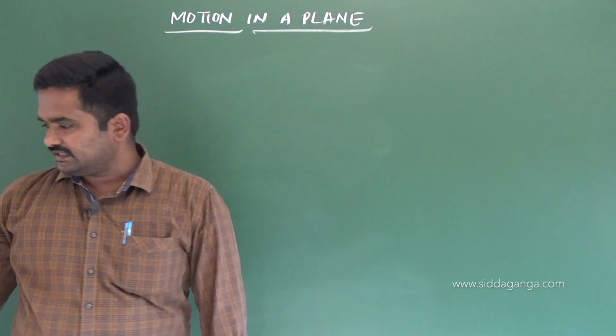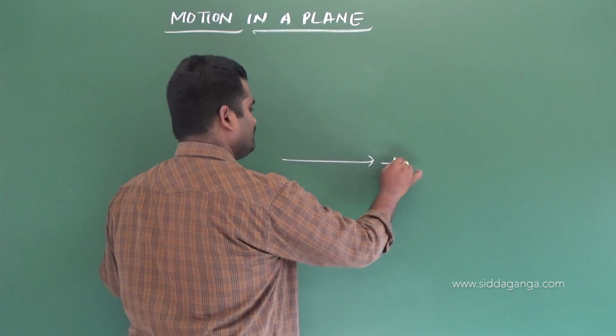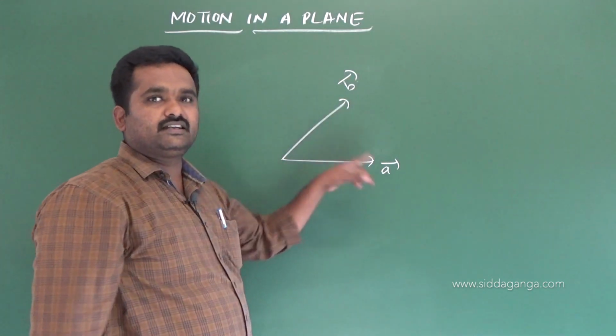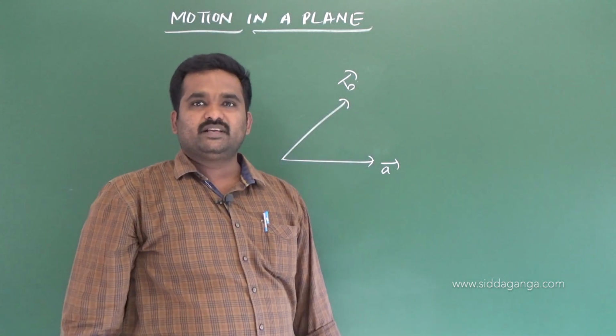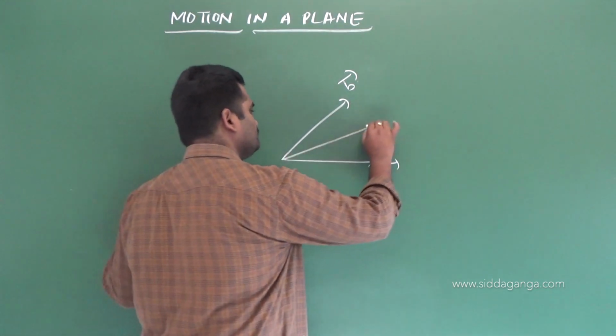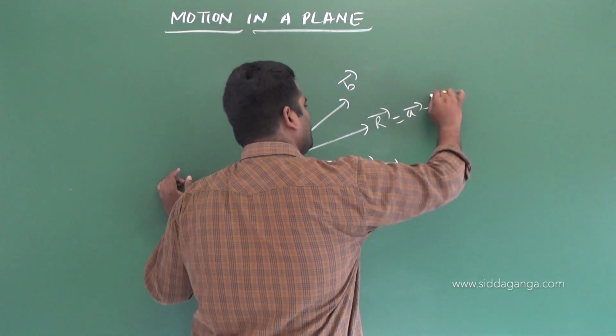One more thing: if I have two vectors, a bar and another vector b bar, what is the resultant of these two vectors? What is the meaning of resultant? Resultant is nothing but adding these two. The resultant R bar equals a bar plus b bar. You have studied this one.